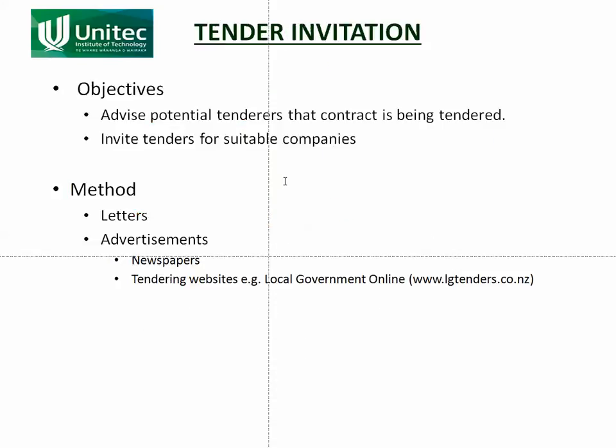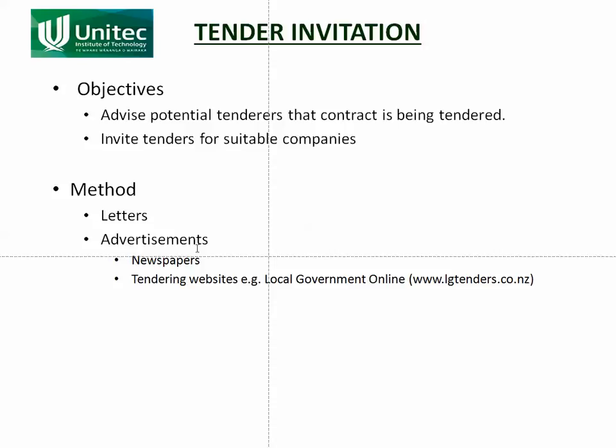The tender invitation. The objective of the tender invitation is to advise potential tenderers, potential construction companies, that this contract is being tendered. Some of them might know about it, but you want to broadcast it to everyone. So the way you might do it is, if you're doing selective tender, you might write letters to companies that you know might be interested and can do the job, or you might write letters to the Contractors Federation.